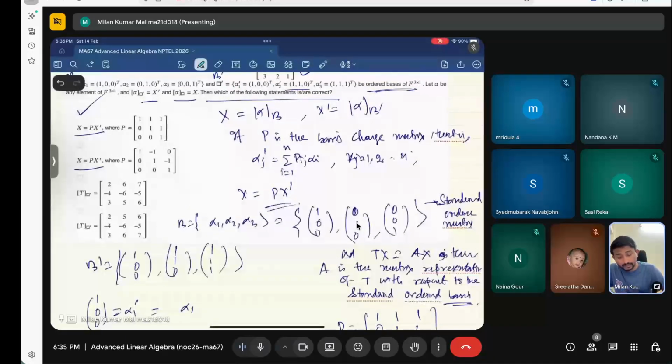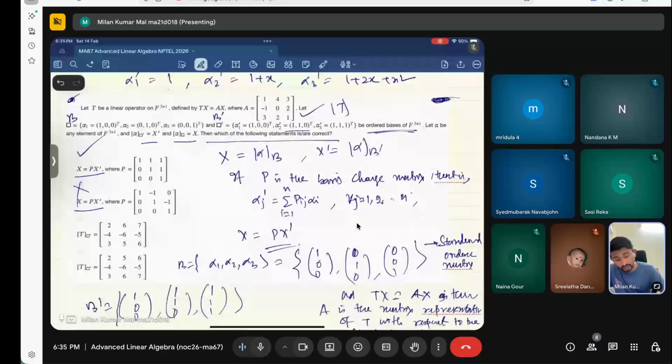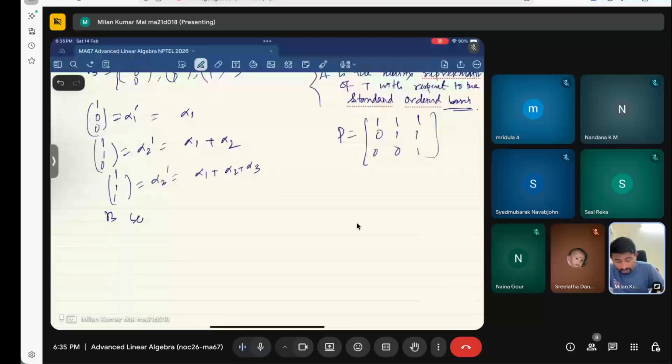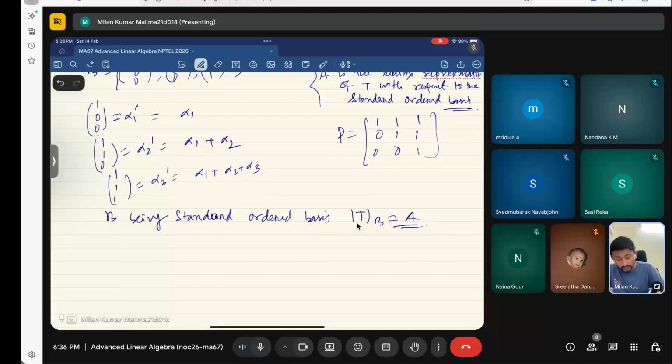Now it is asked: the matrix representation of T with respect to the first ordered basis is actually A. This is what I'm trying to explain here. Note that beta being the standard ordered basis, T with respect to B is actually A. Now the question asks what T with respect to B dash is, where B dash is this new basis.